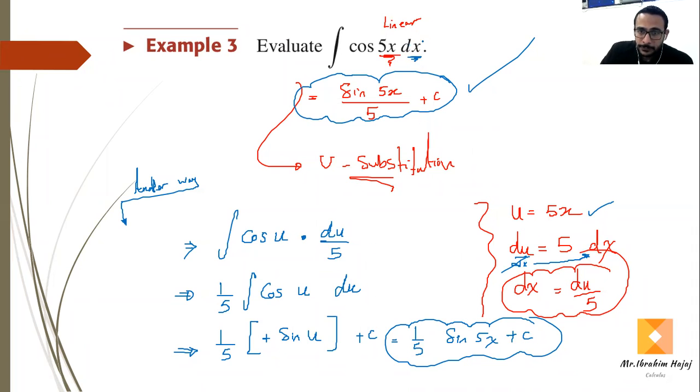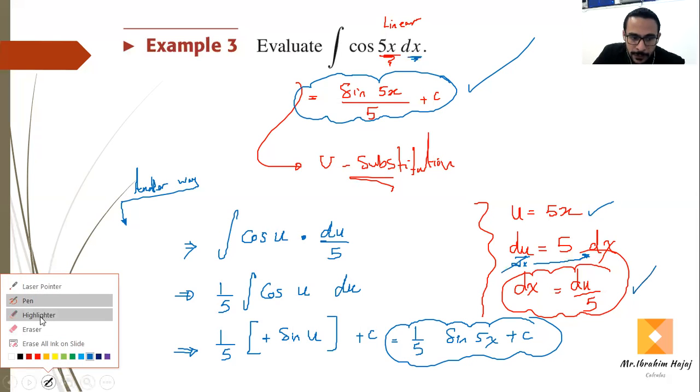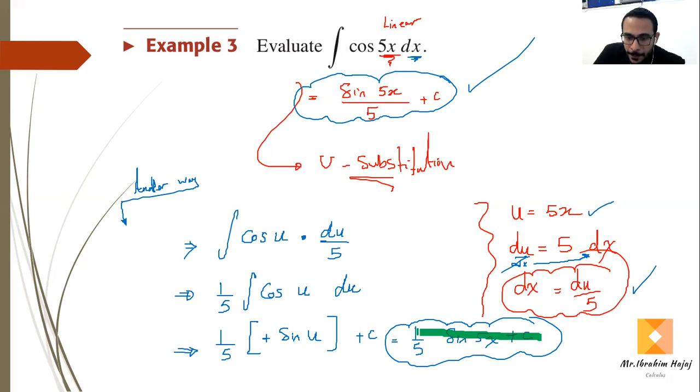You change every x and every dx, leaving no x in the question. So dx equals du over 5. I replaced the dx with du over 5, the constant 1 over 5 goes outside, the integral of cosine u is sine u, and I replace u by 5x. Omar Abu Zahra, do you have any question? No, it's clear.